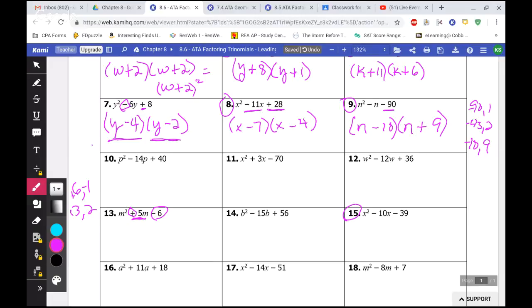And I've already stated that the bigger of the two is going to have to be positive because a negative times a positive is a negative. And when you combine the terms, you find the difference and give the sign of the higher. So if I add a +6 and a -1, that would give me a +5. So my factors are m + 6, m - 1.